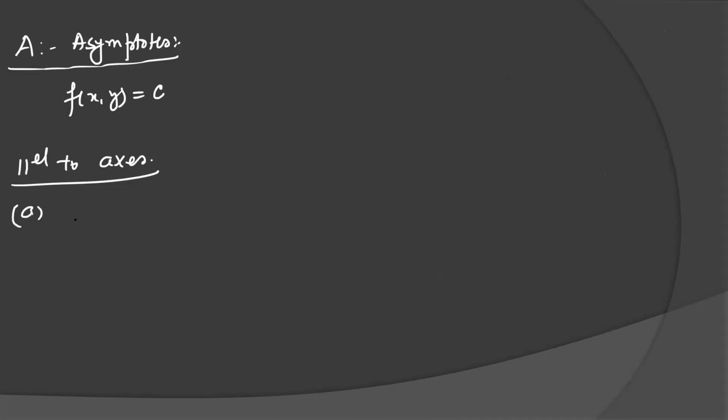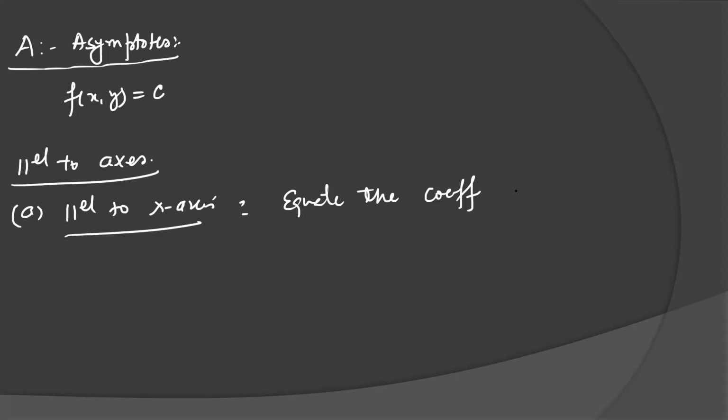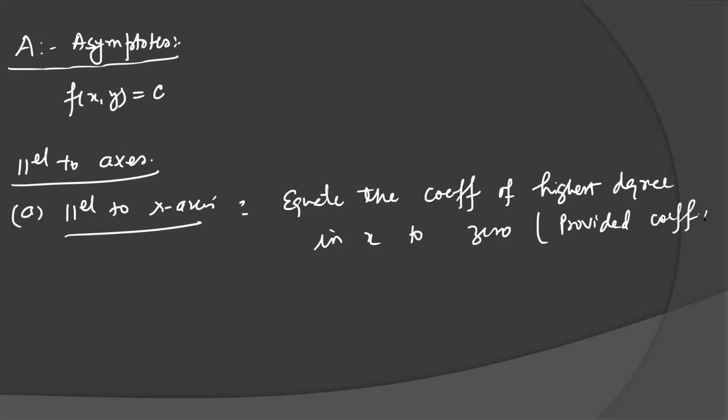Parallel to x-axis: the trick is to equate the coefficient of highest degree in x to 0, provided the coefficient is not constant.